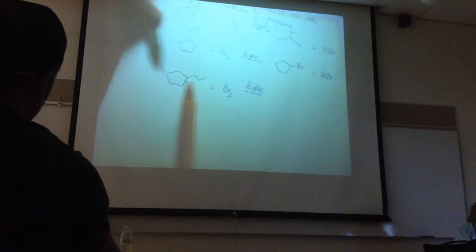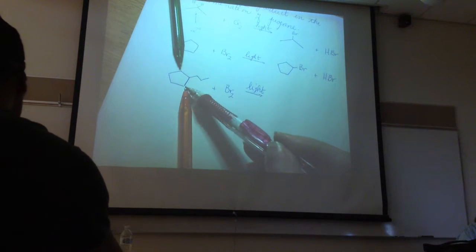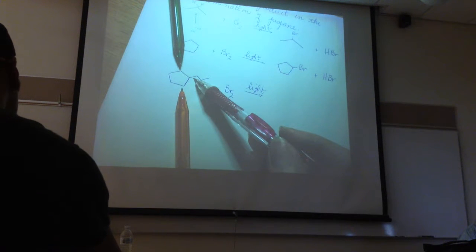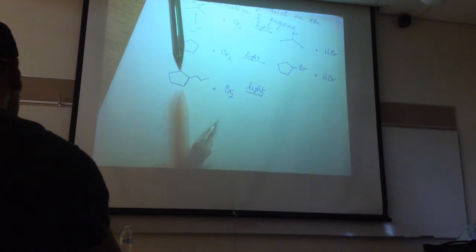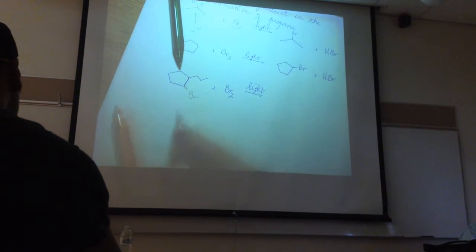These hydrogens here, if I take any one of those, there are 4 there, okay? If I take one from here and I put the bromo there, that will be like 1 bromo, 2, whatever this is, right? So if I put a bromo here, let's put it there for a minute, that looks like 1 bromo, 2 propyl something, okay?